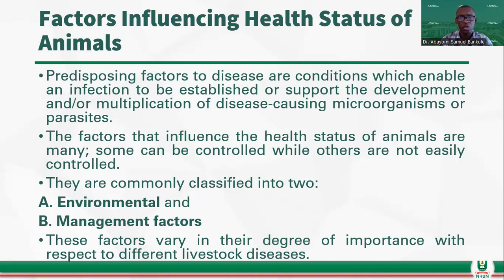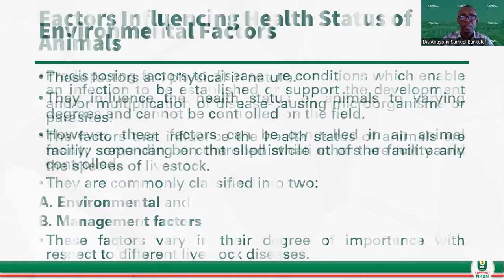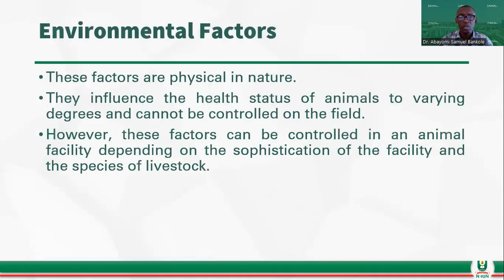Some can be controlled, while others are not easily controlled. They are commonly divided into 2 classes. Number 1, environmental, and 2, management factors. These factors vary in their degree of importance with respect to different livestock diseases.